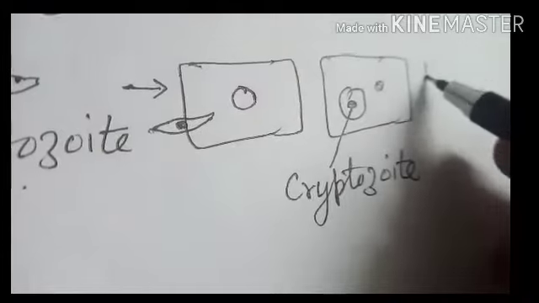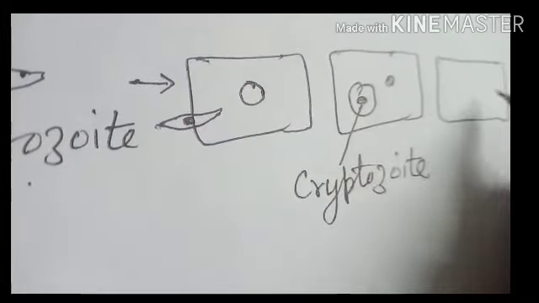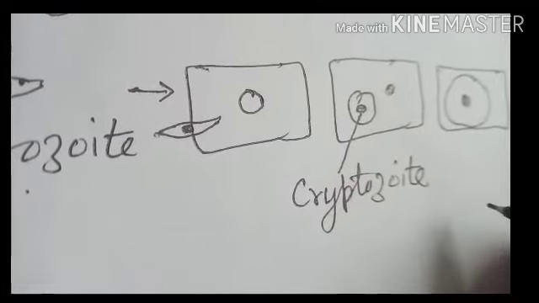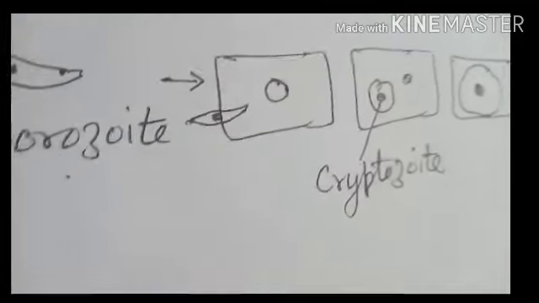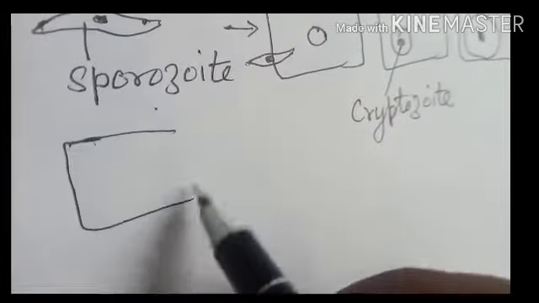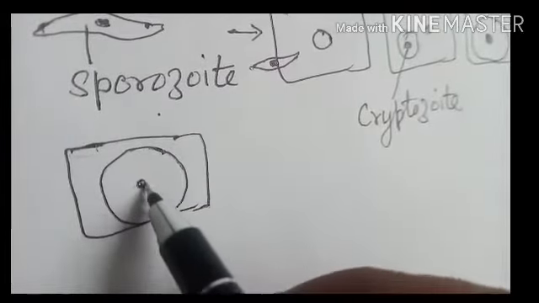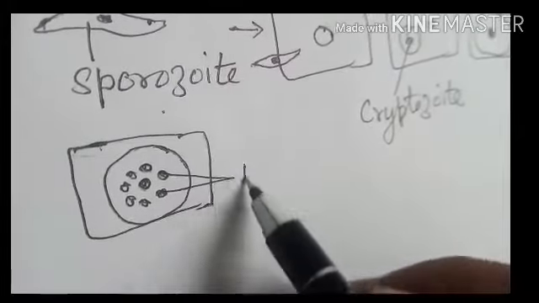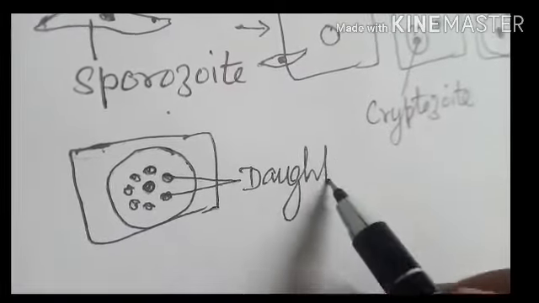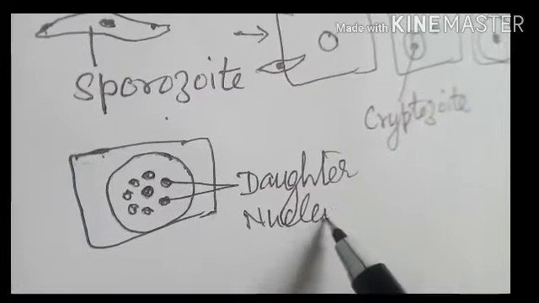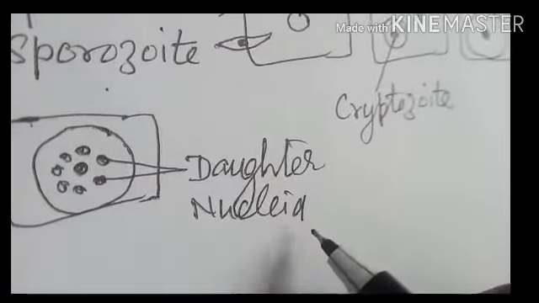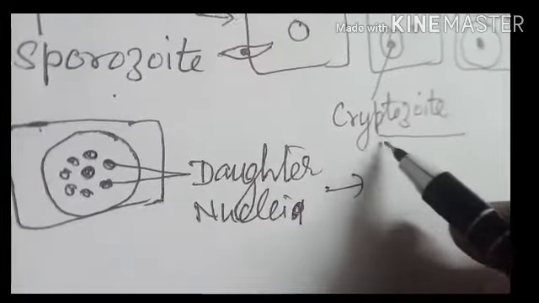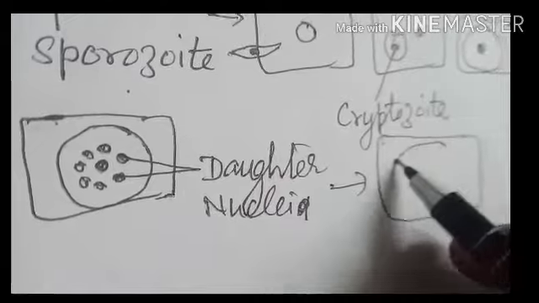Later on, what happens? These cryptozoites enlarge in size, they undergo growth, and then each cryptozoite nucleus undergoes repeated nuclear division and produces a number of daughter nuclei, and these daughter nuclei get surrounded by a small amount of cytoplasm.